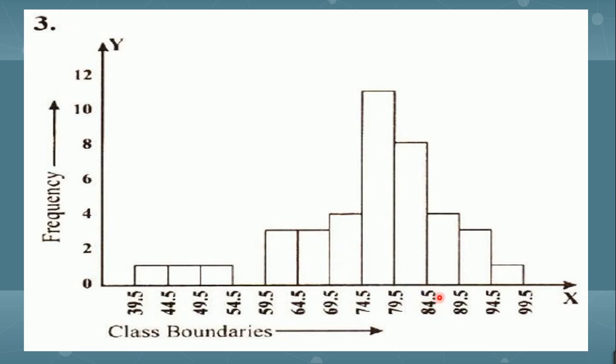And 84.5 to 89.5, its frequency is 4, so its height is also 4. 89.5 to 94.5, its frequency is 3, so its height will be 3. And 94.5 to 99.5, its frequency is 1, so its height will be 1.